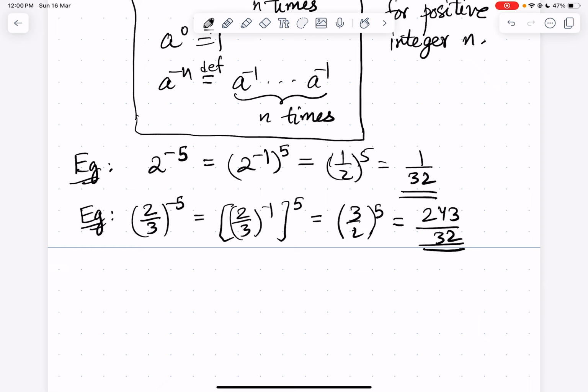So we can raise a non-zero rational to any integer power.